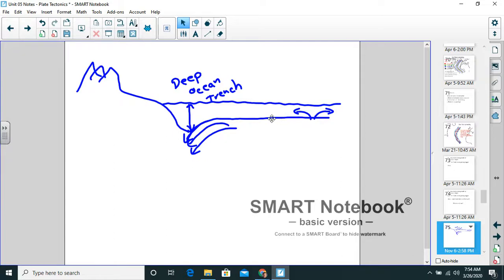And then remember those deep ocean trenches that we found in some places? What if at those trenches, this was actually some of the crust being pushed down back into the earth? Well, now we've got a process where some places are making crust and some places are destroying crust. And so we can have an equilibrium on the earth. The earth stays the same size.